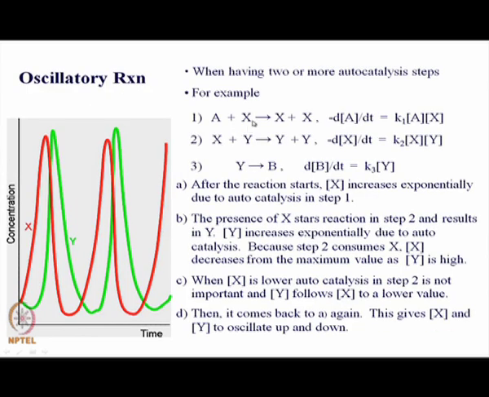When there are two or more autocatalytic steps, you can get such oscillation of concentration and correspondingly oscillation of color, if you have a typical indicator, like ferroin or starch, as I discussed with your BR or BZ reaction.